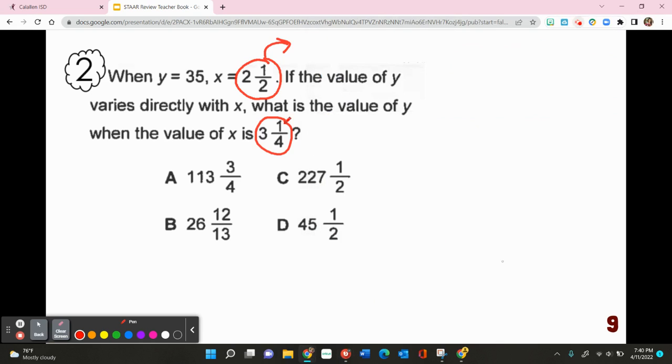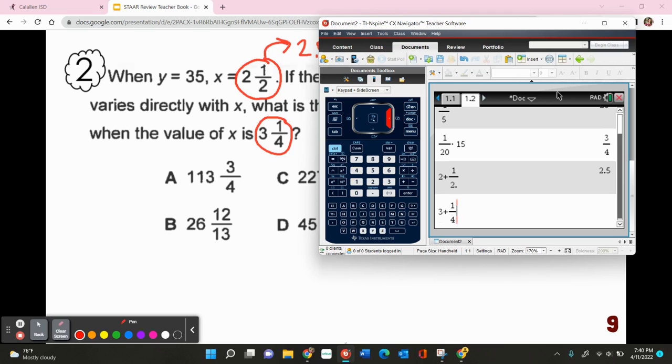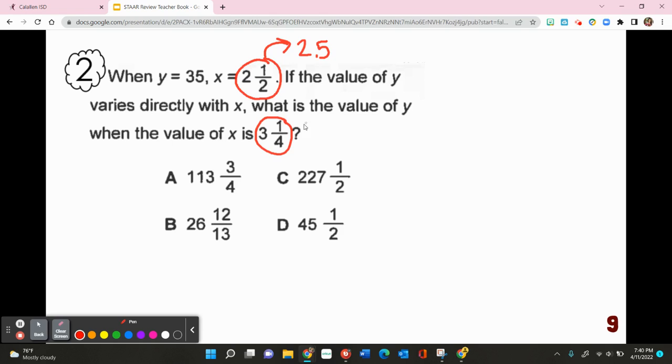This mixed number is equivalent to 2.5. Then we have 3 1/4. So for 3 1/4, again, I'm going to open my calculator, control divide, 3 plus control divide, 1 on top, 4 on the bottom, and include a decimal point, and you see that it is equivalent to 3.25.